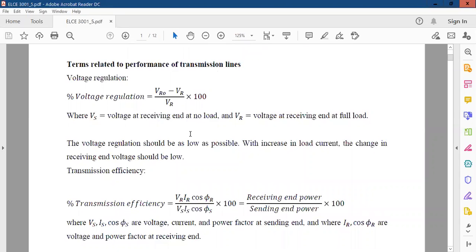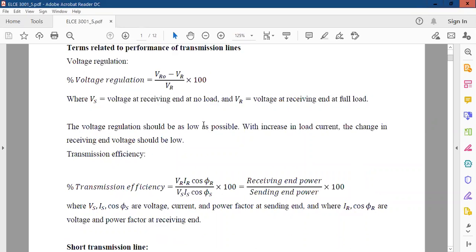The other term is transmission efficiency. We know that when we calculate efficiency, it's receiving end power over sending end power, or P out over P in.